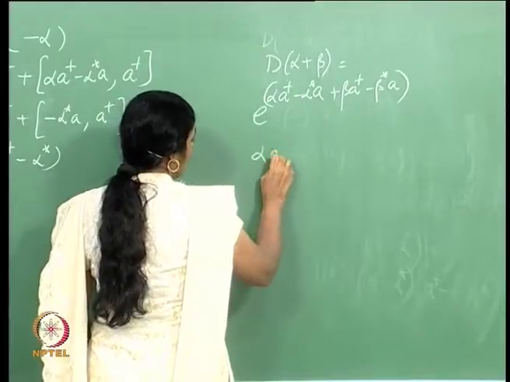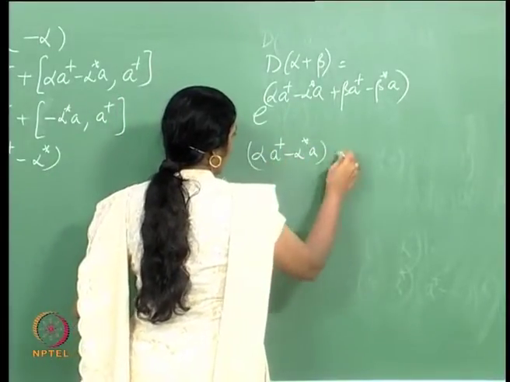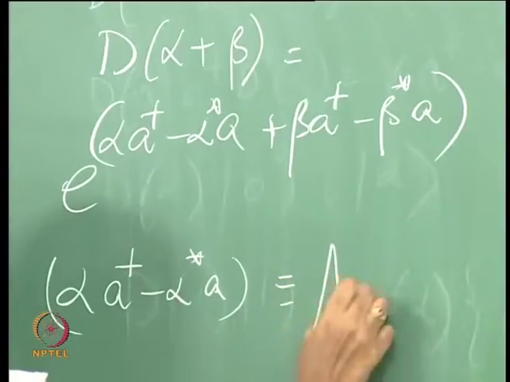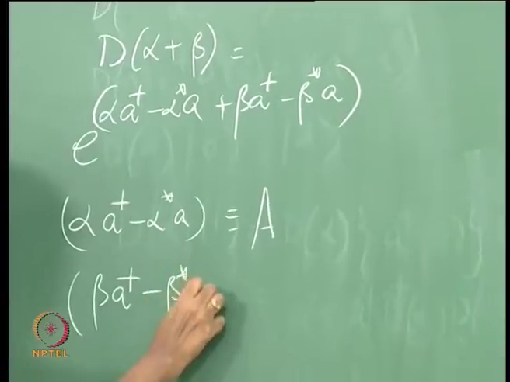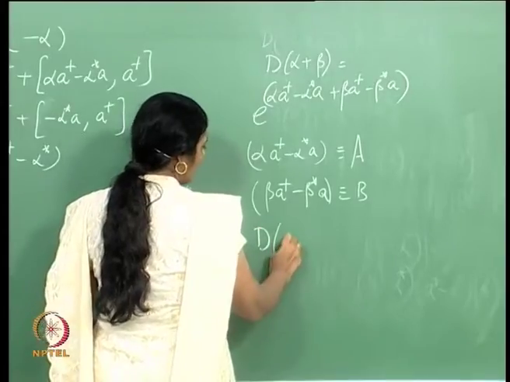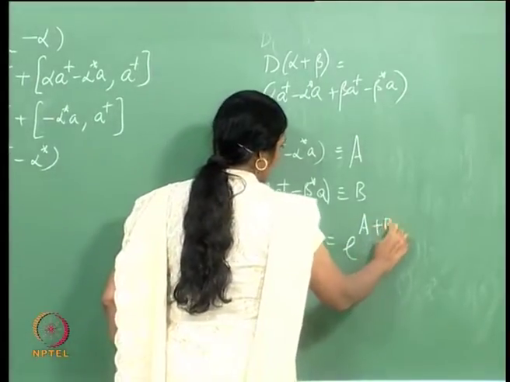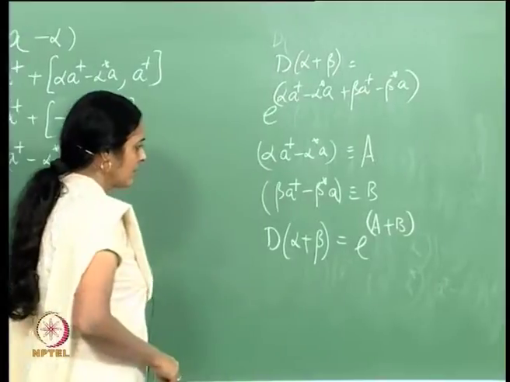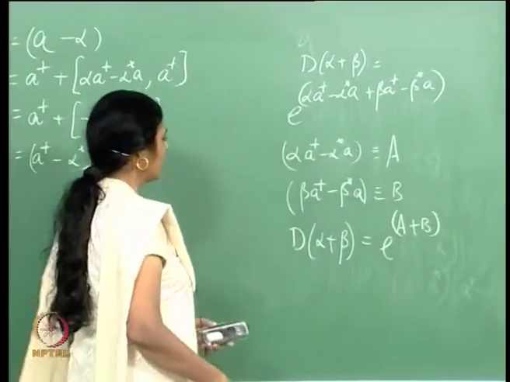Now we could represent alpha a dagger minus alpha star a as the operator A, and beta a dagger minus beta star a as the operator B. So D of alpha plus beta has the structure e to the A plus B, by the Baker-Campbell-Hausdorff formula, which is now familiar to you.